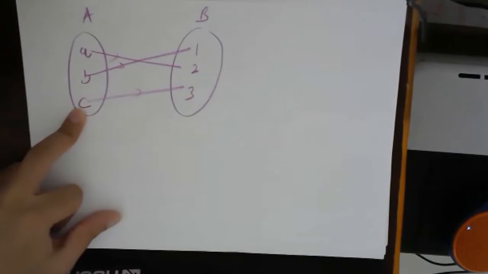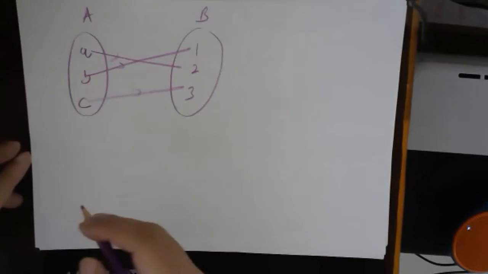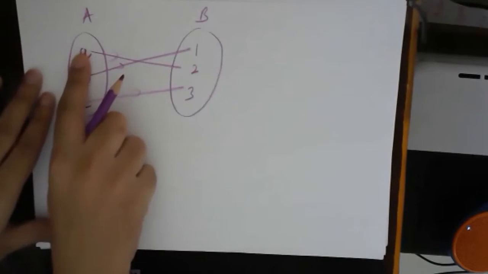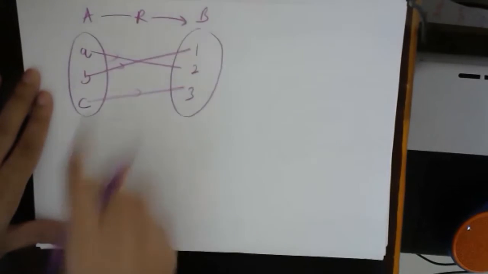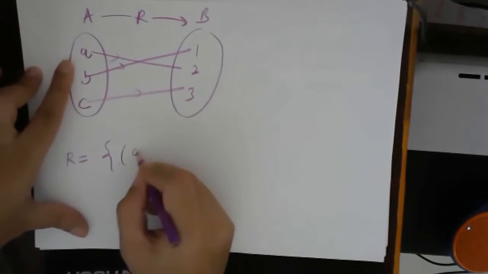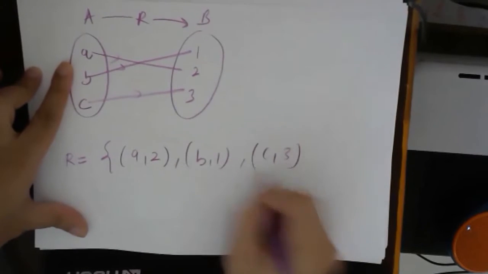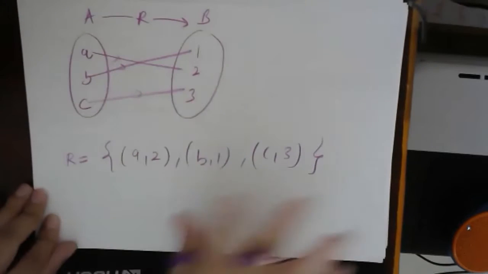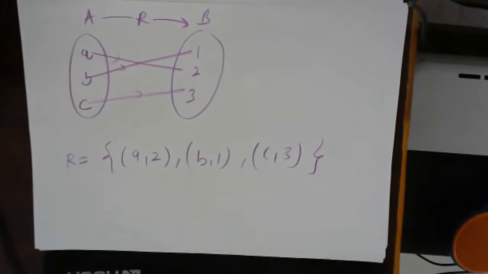These were the definitions for the elements from set A. Suppose we call a relation R. We'll write the elements of R as (a, 2), (b, 1), (c, 3), and so on. This is the relation R defined, just given as an example, a relation from A to B.